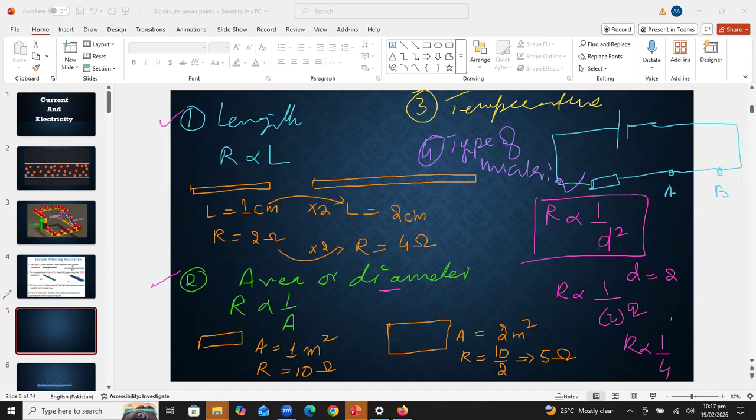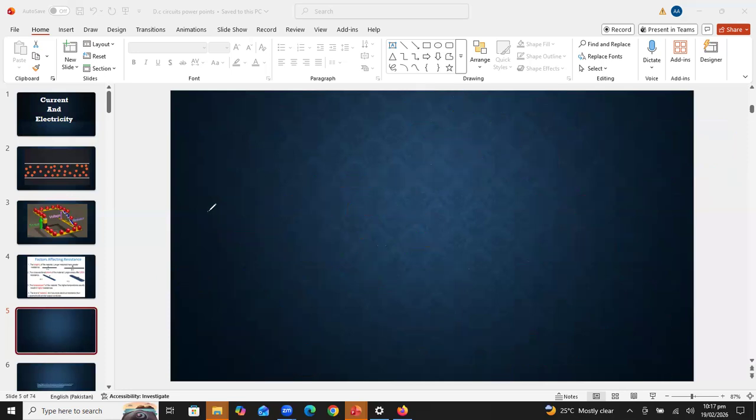Okay, good. Students, what I have discussed so far: the first point is that resistance and length are directly proportional to each other. If the length increases, resistance will increase. I am labeling this equation number 1. The second factor I discussed is that resistance and area are inversely related.